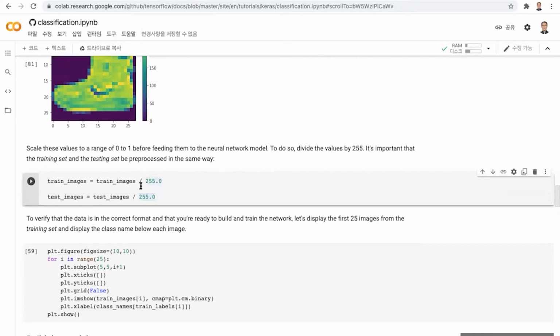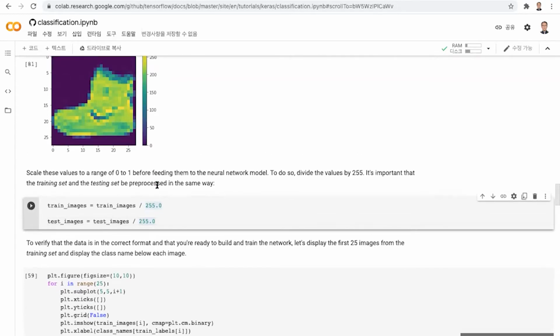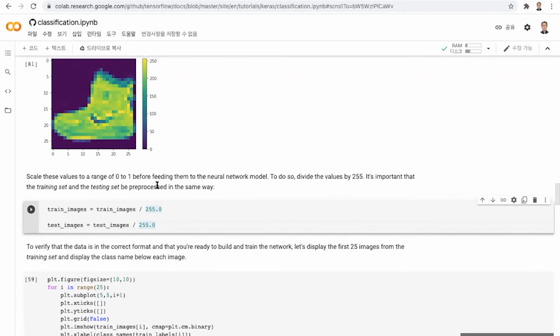So if you know a little bit about image files, a color image has 3 channels: red, green, blue.